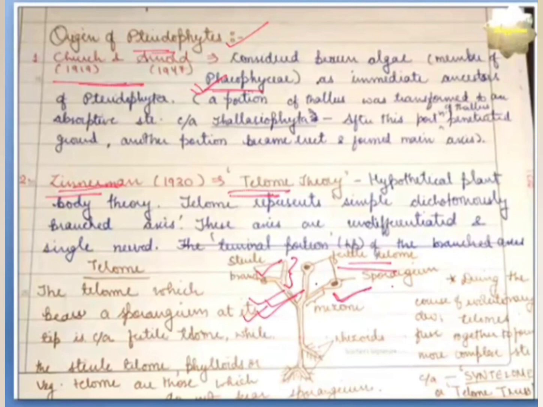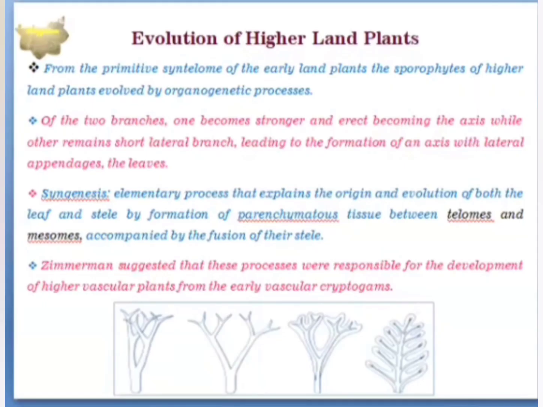During the evolution, the telomes fused together to form a complex structure known as syntelome or telome truss. From the syntelome of early land plants, the sporophytes of higher plants evolved by the process of organogenesis. Organogenesis means the differentiation of organs or organ formation.